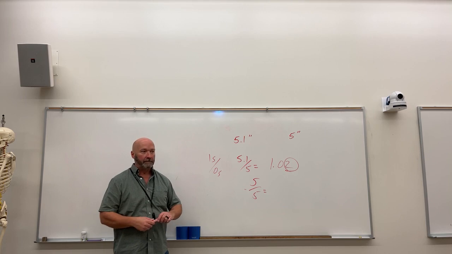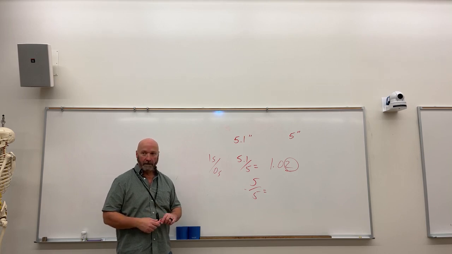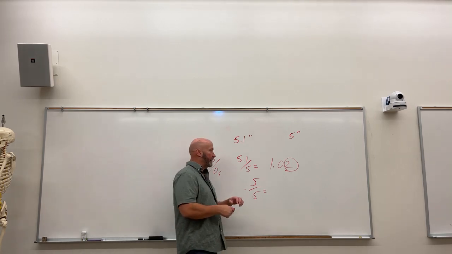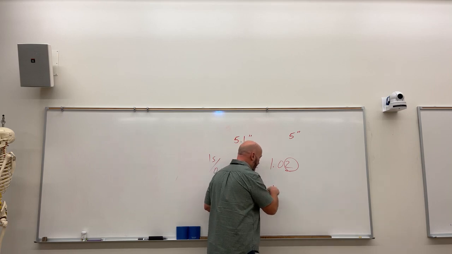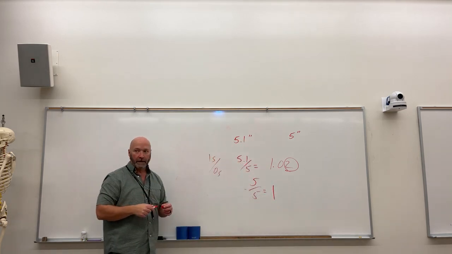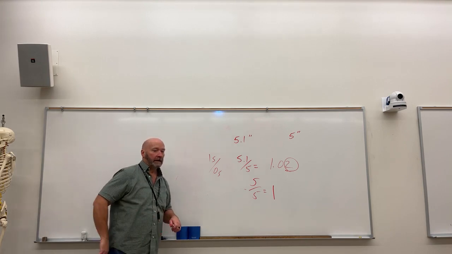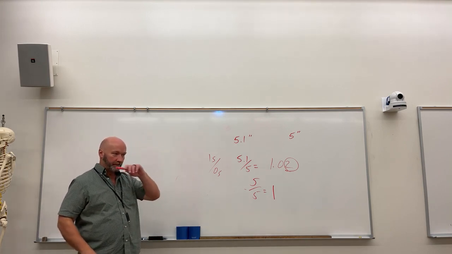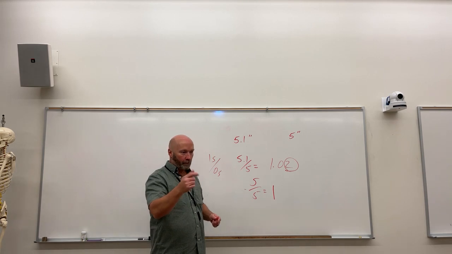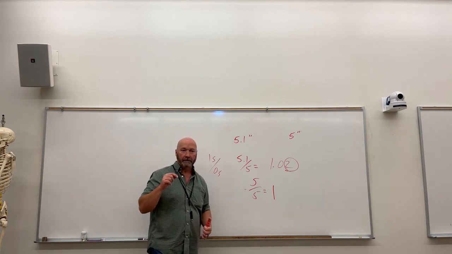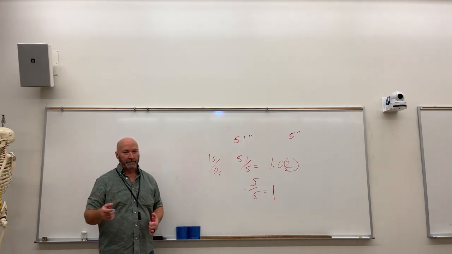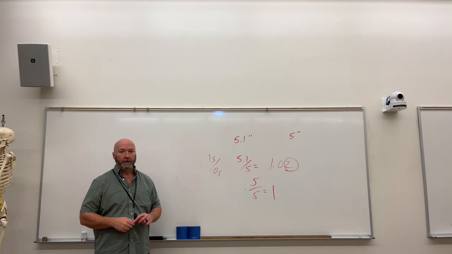That'd be 5 over 5, right? So in that case, our magnification factor would be 1, right? So when we're talking about percentages, let's see, somebody with the phone up, type in 100 and then hit the percentage sign. 1.